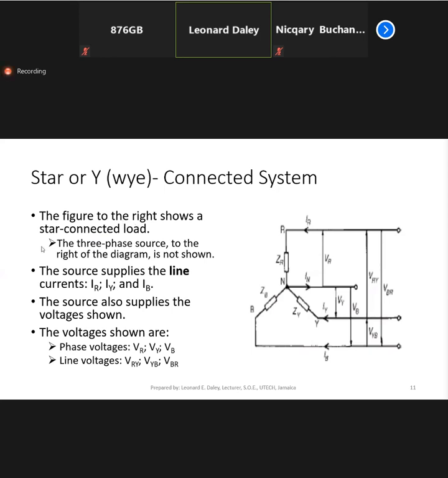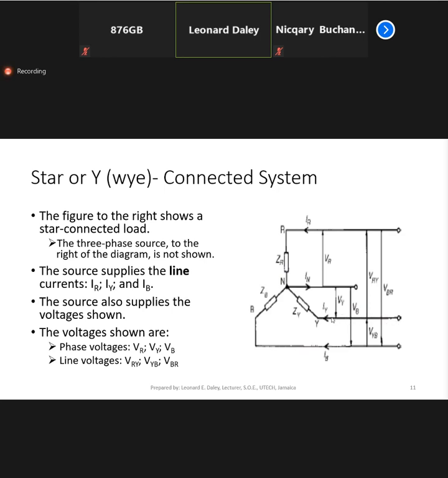The currents flowing on the line from the source to the load are called line currents. So line currents would be IR, coming from the source. Notice the direction of the arrow, from the source to the load.